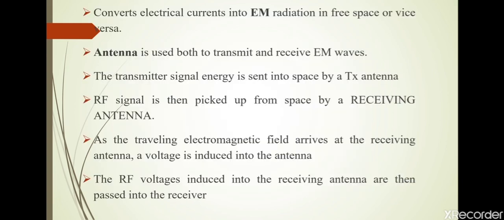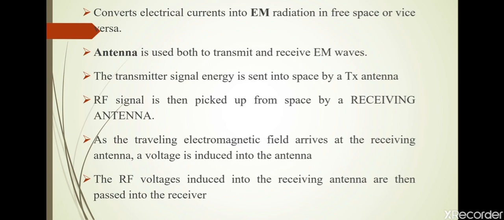Antenna can be used both to transmit and receive electromagnetic waves. After radio frequency signal has been generated in a transmitter, it must be used to radiate this signal through the space to a receiver. The transmitter signal is sent into the space by the transmitter antenna. The radio frequency signal is then picked up from the space by the receiver antenna.